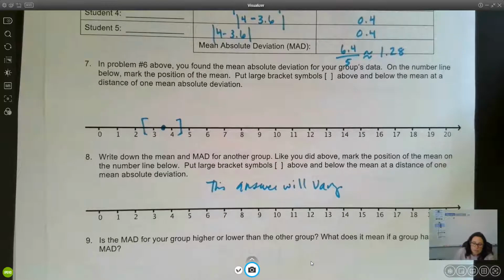Okay, is the MAD for your group higher or lower than the other group? What does it mean if a group has a higher MAD?